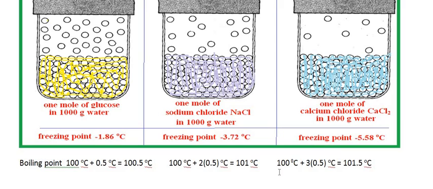So the boiling point increases not by half a degree Celsius but by half times 3, giving a total boiling point of the solution of 101.5 Celsius. I hope that you understand the colligative properties of the solution. Thank you for listening.